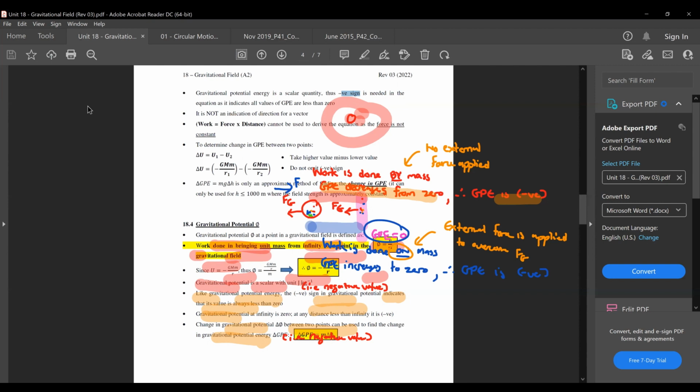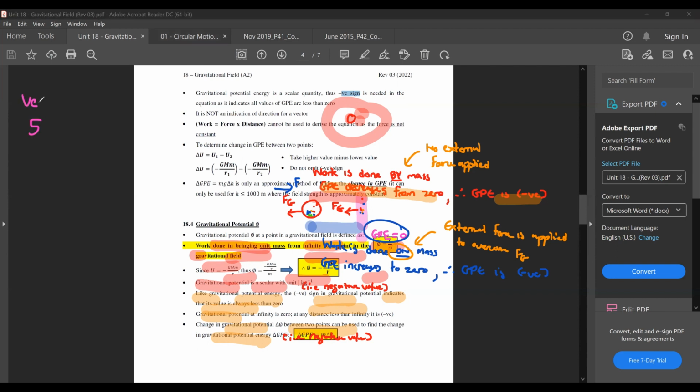If I tell you for vectors, 5 Newton versus negative 5 Newton, automatically you will tell me that this one is actually acting in the opposite direction, right? So for the cases of vectors, the negative sign is simply telling you it's acting in the opposite direction. But what if I tell you for scalars?